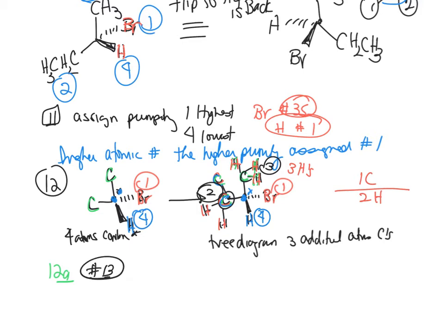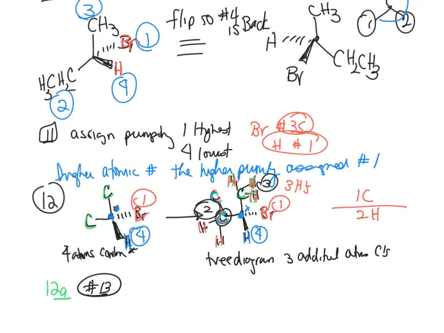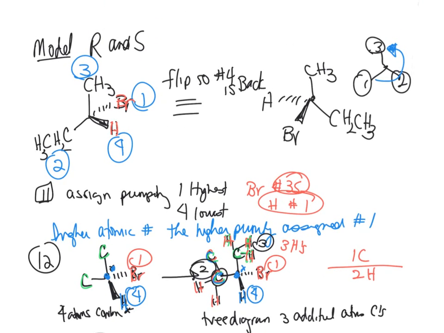Once the priority of the groups have been established, the lowest ranking group must be oriented back, or away from your perspective. So we're looking at Model 2 here. In Model 2, the molecule has been flipped to accomplish this. Next, trace a pathway from 1 to 2 to 3.